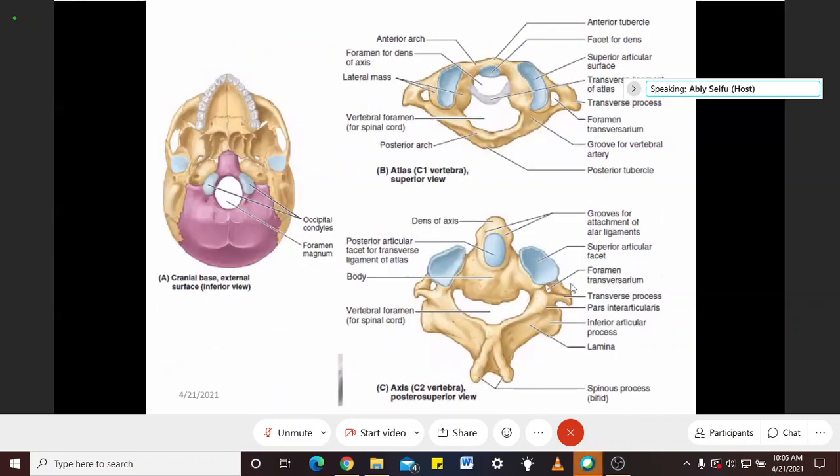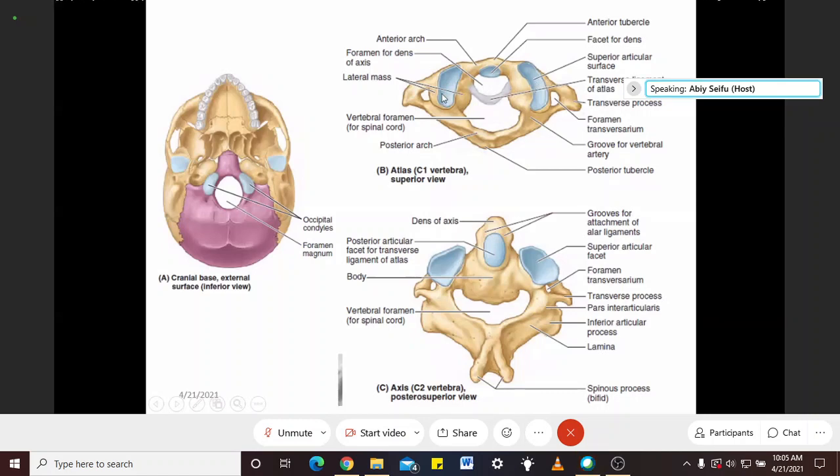Now let's see the structure. You see, this one is the C1 vertebra, which has a ring-like appearance. There is a posterior and anterior arch. When joined or fused together, they give a lateral mass. This lateral mass has superior and inferior articular facets.